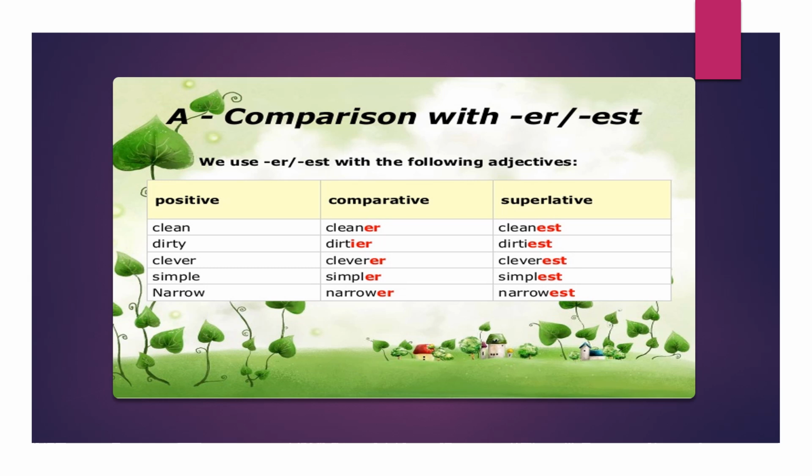I will probably put it as that of all the cities in Uttarakhand, Dehradun is the cleanest. So here I have made a comparison among all the cities in Uttarakhand, and then having made that comparison, I am drawing a conclusion also. So superlative will let your particular thing or person being compared stand out.